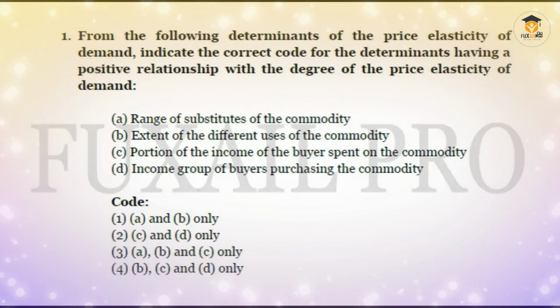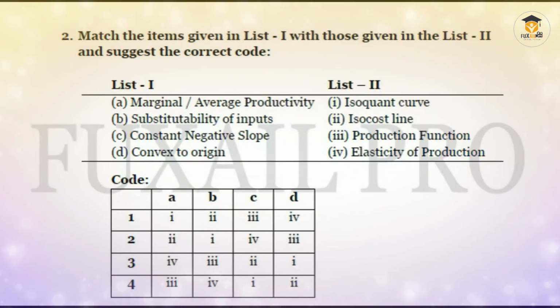2. Match the items given in List 1 with those given in List 2 and suggest the correct code. List 1: A. Marginal/average productivity. B. Substitutability of inputs. C. Constant negative slope. D. Convex to origin. List 2: 1. Isoquant curve. 2. Isocost line. 3. Production function. 4.